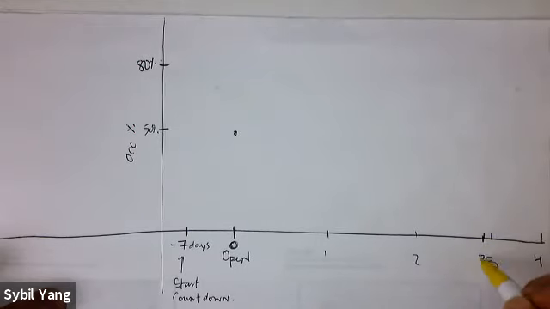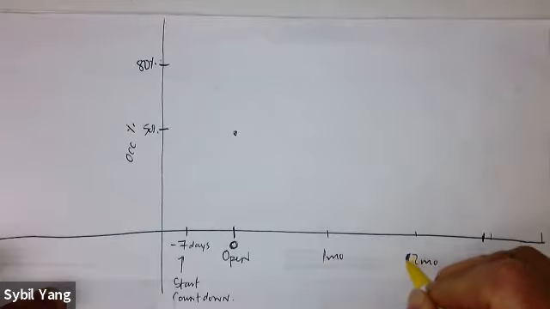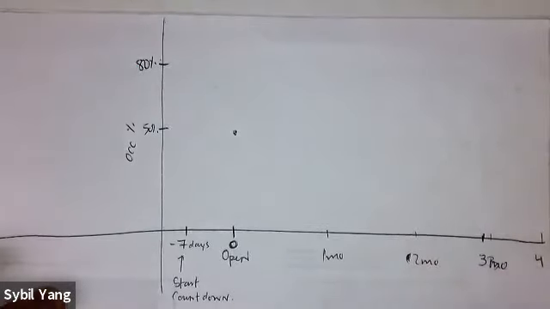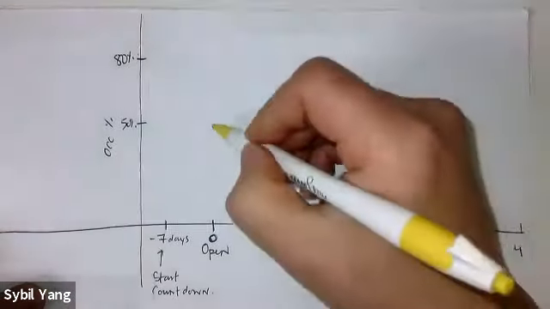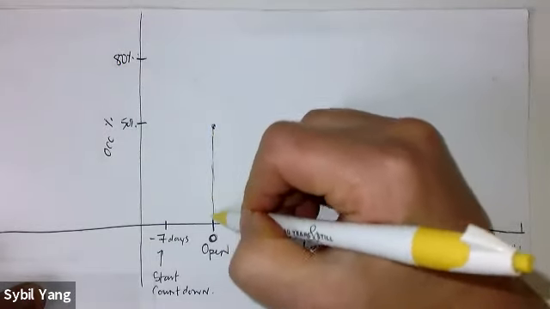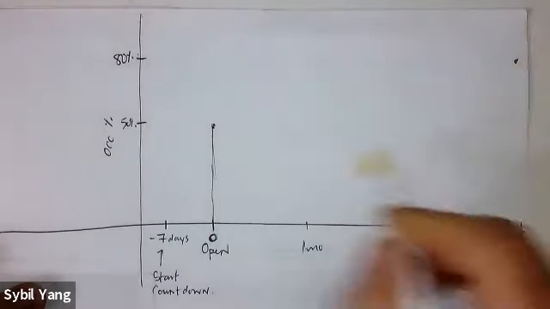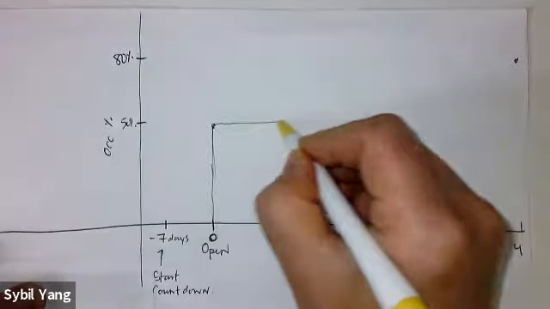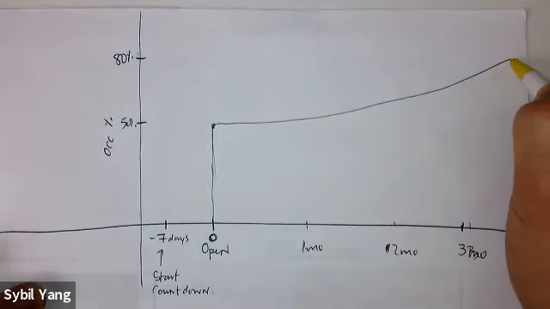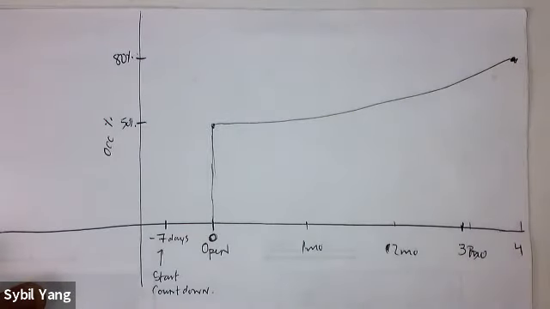Sorry, the scale's off. We open at 50% occupancy, and based upon the information provided in the case, it takes about 4 months to slowly scale to our full occupancy rate, which is 80%.